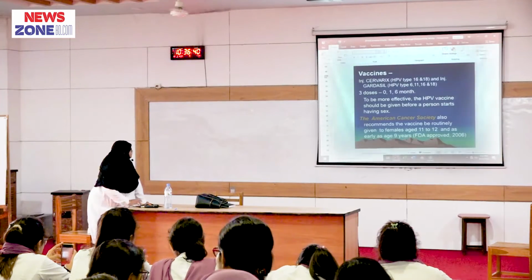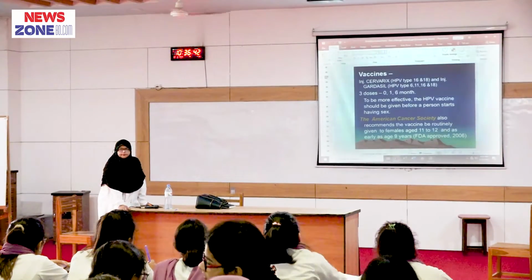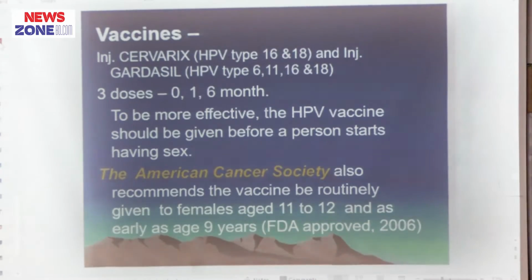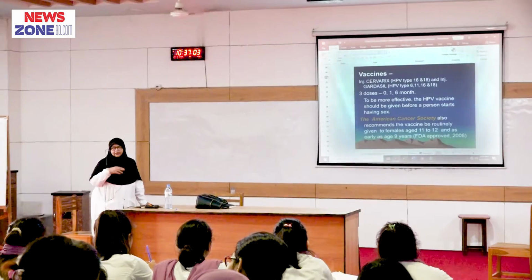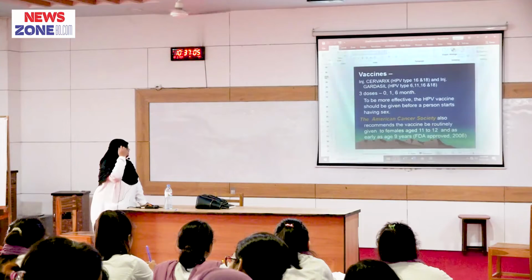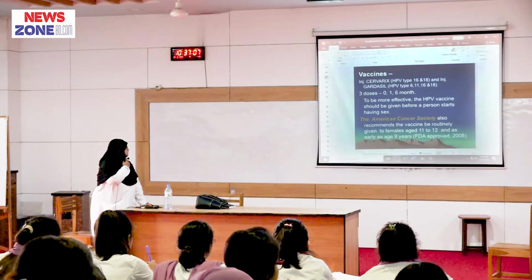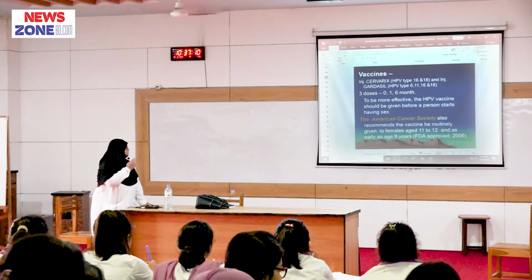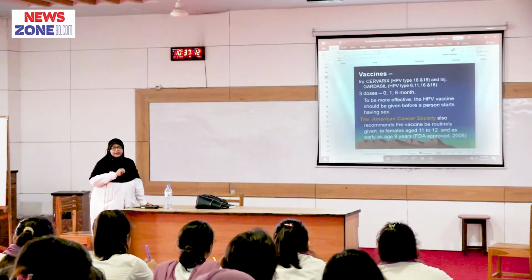Then all of you know about the vaccine. What vaccines are available in our country? Cervarix and Gardasil. Cervarix is bivalent, that is, only two strains, and Gardasil is quadrivalent. In our country Cervarix is available, against two virus strains.